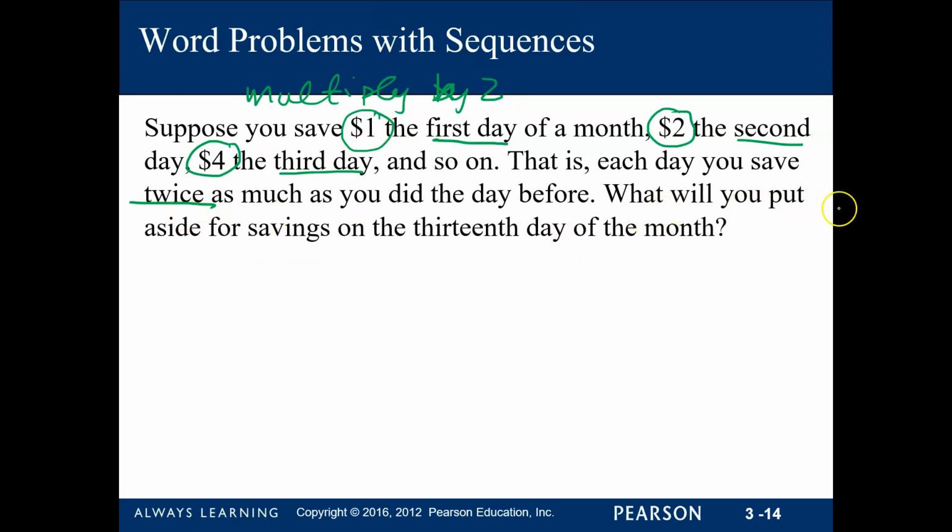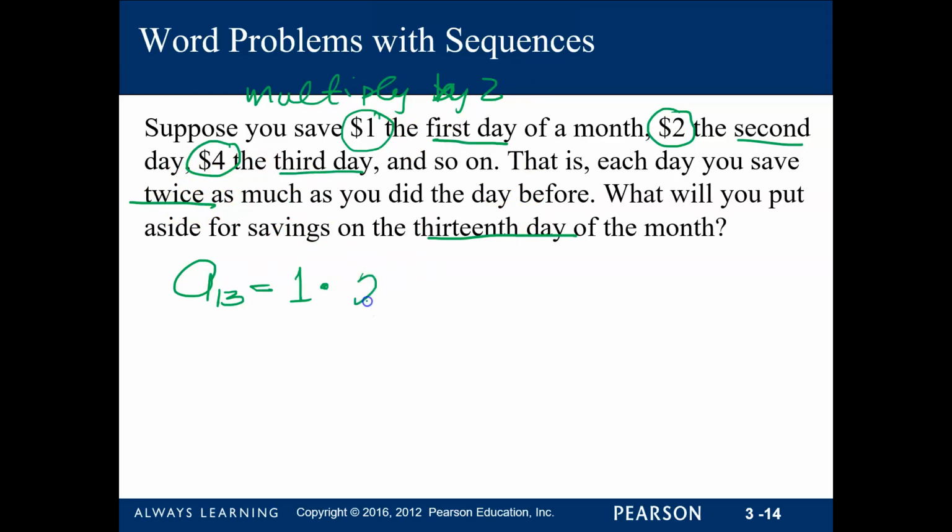So what will you put aside for savings on the 13th day of the month? Because we're multiplying by 2, we know that we need to use the geometric sequence formula. So we have a sub 13 is equal to our first term. What was the saving on the first day? $1, times what is our common ratio? Well, we know that the word twice already means 2 times.